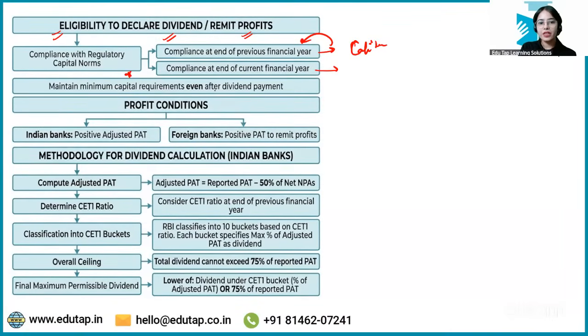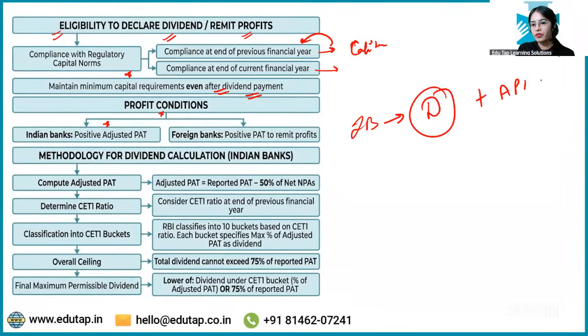Even after the dividend payment, you should be able to maintain the capital requirement. In the previous, in the present, in the future, you should be able to maintain the capital requirement. Profit condition, profit positive. Indian banks can give the dividend when they have a positive adjusted profit after tax, while the foreign bank branches in India can remit the profit when they have positive profit after tax. Okay, so this has been laid down here.